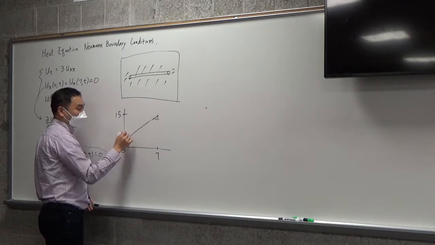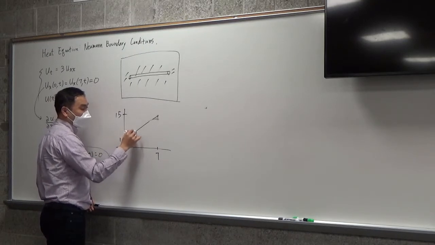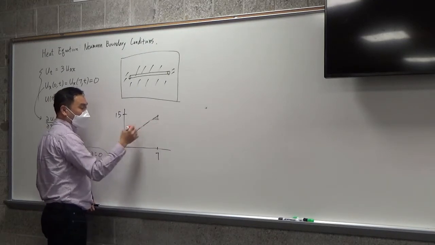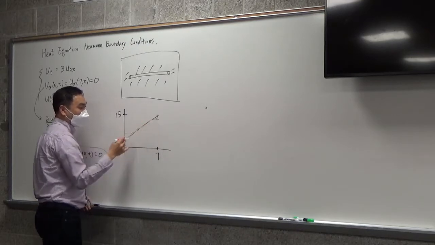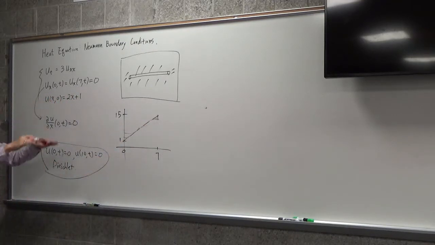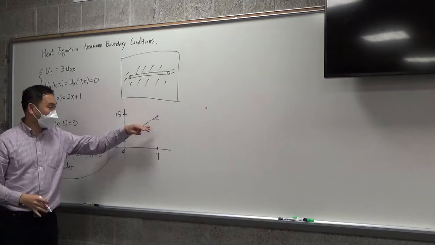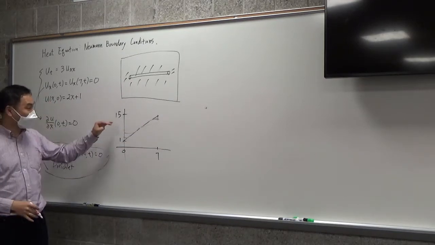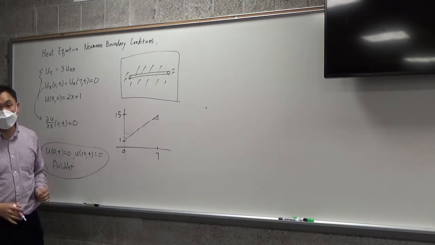And then as time goes on for a longer time, you get more and more change, and eventually it's going to average out, right? So everything will become uniform. That's what you'll see.